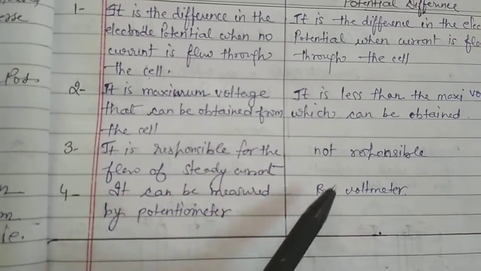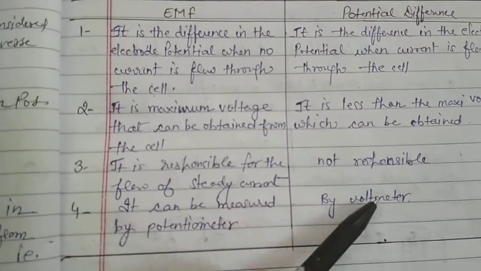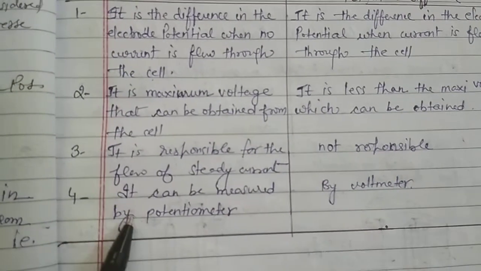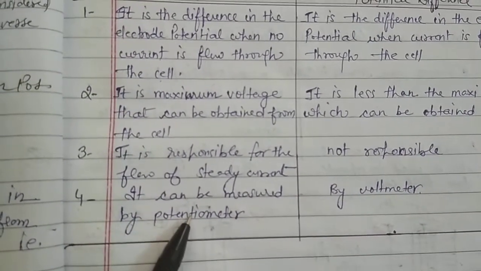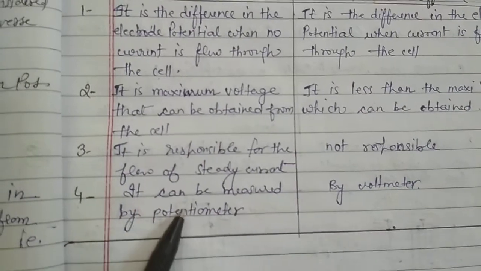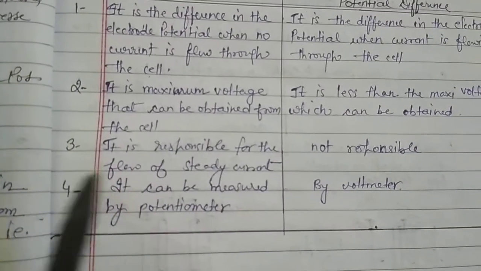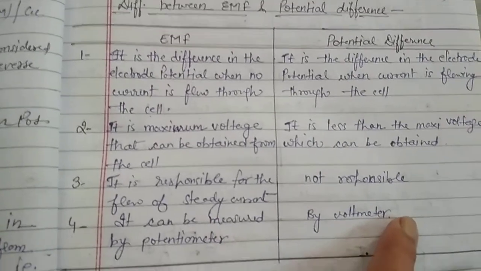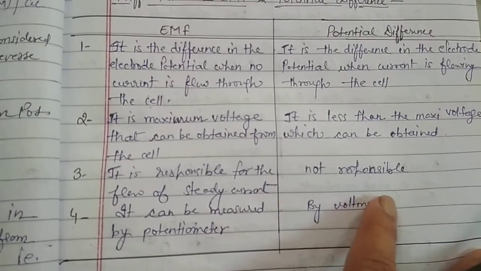So the voltmeter deals with a closed circuit, while for EMF we are talking about the open circuit. That's why EMF can be measured by a potentiometer. So that is the difference between the EMF and potential difference.